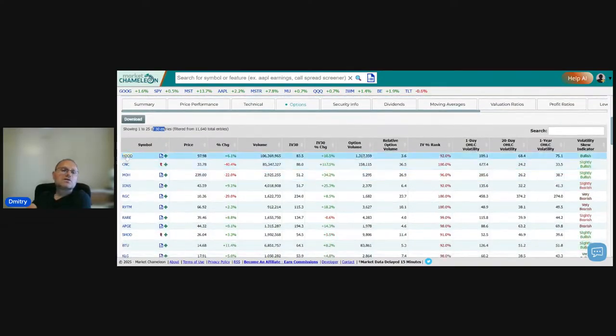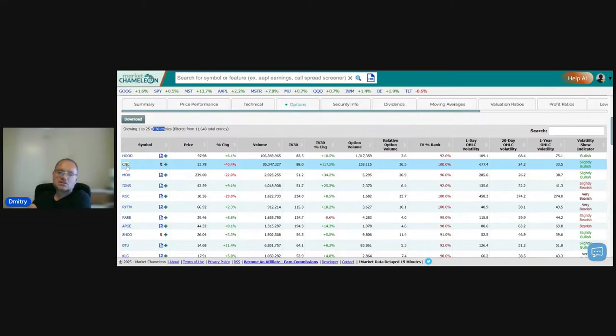So we've got, I think this is Robinhood, this CNC. This little T means it's part of a takeover target, or something's going on there with some corporate action of a takeover. We've got MOH, and we've got 30 of them over here.